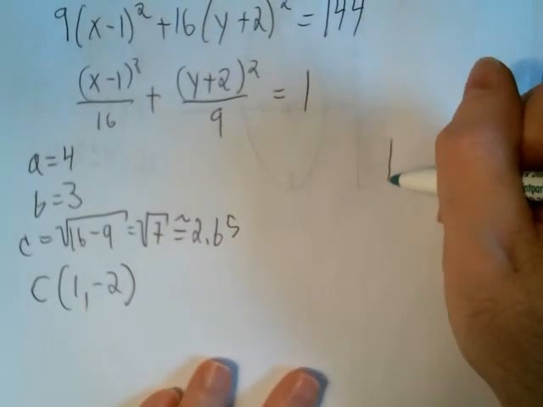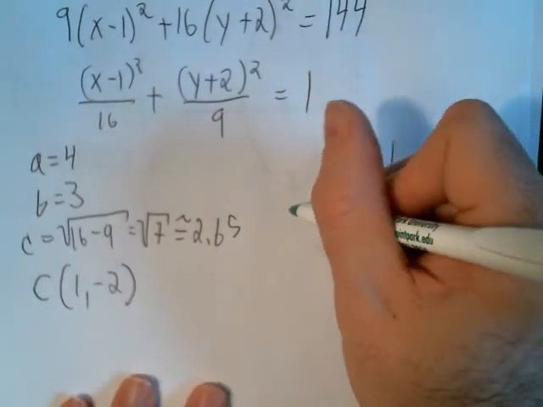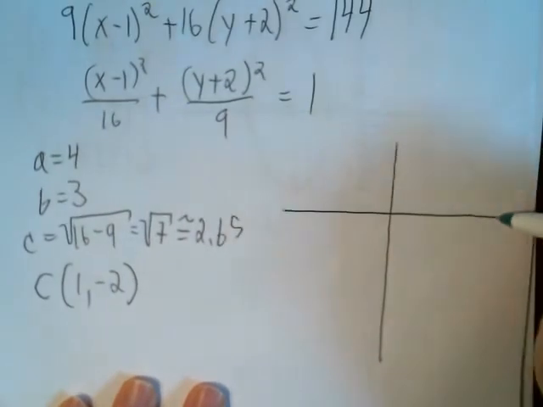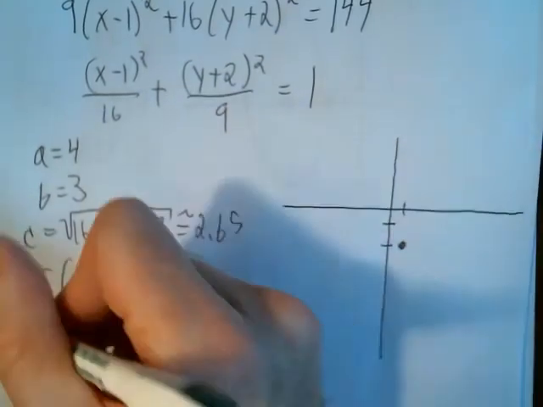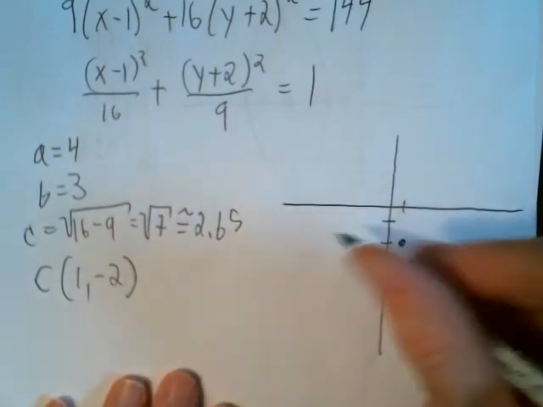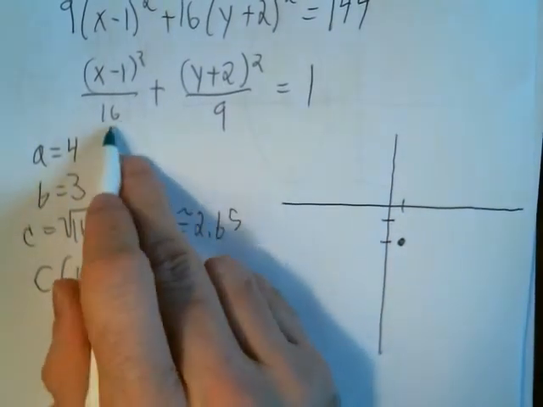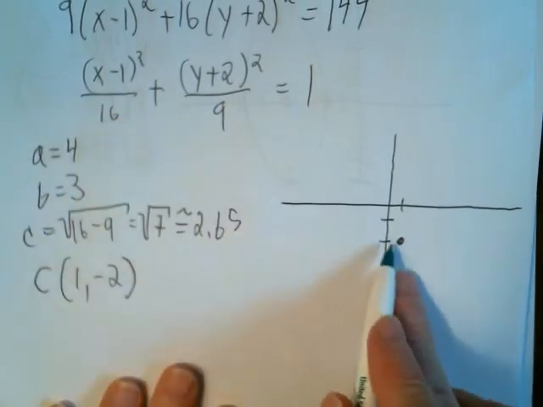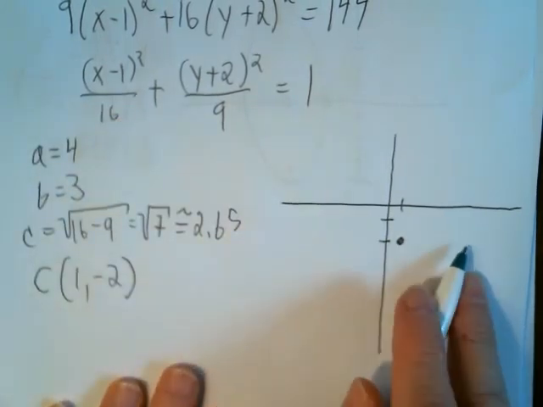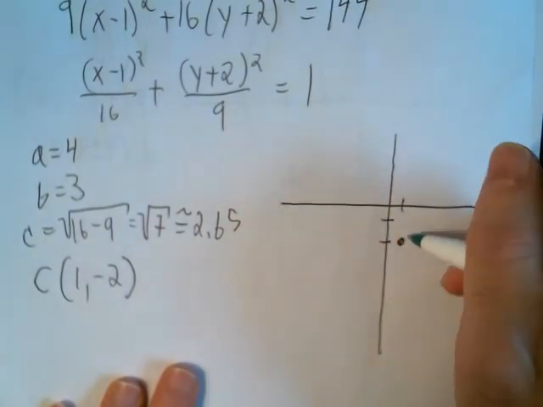Okay, so we can start thinking about our graph. So 1 and then down 2. To get to the vertices, you're using the a value, and because the bigger number is with the x term, you're going horizontal to the x-axis, or parallel to the x-axis rather.